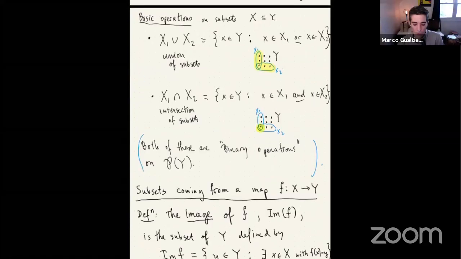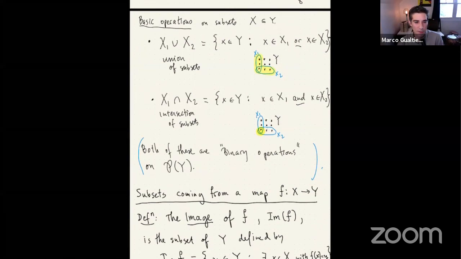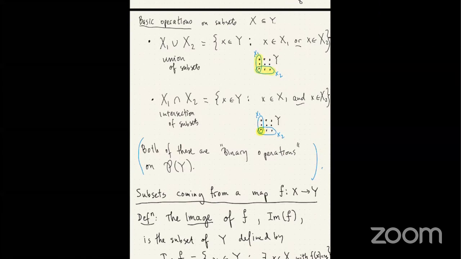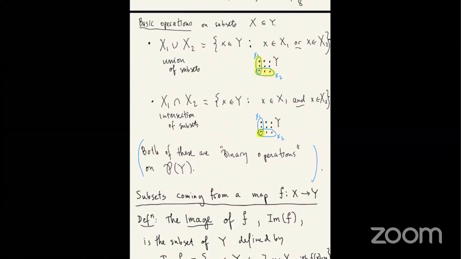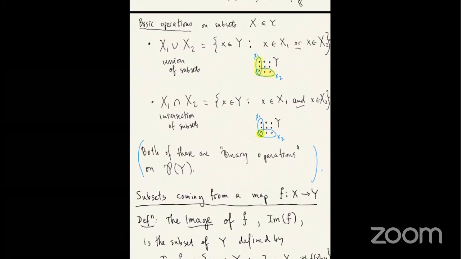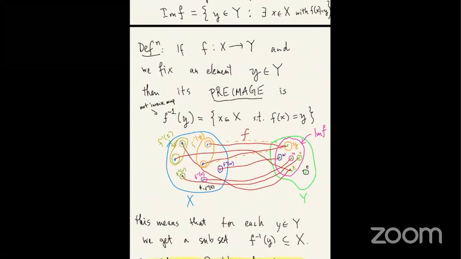Range is just the old-fashioned way of saying image. So range is the same as image. Oh, okay. And also, the mapping between pre-image and their image, are they a subset of the map between the domain and the codomain?